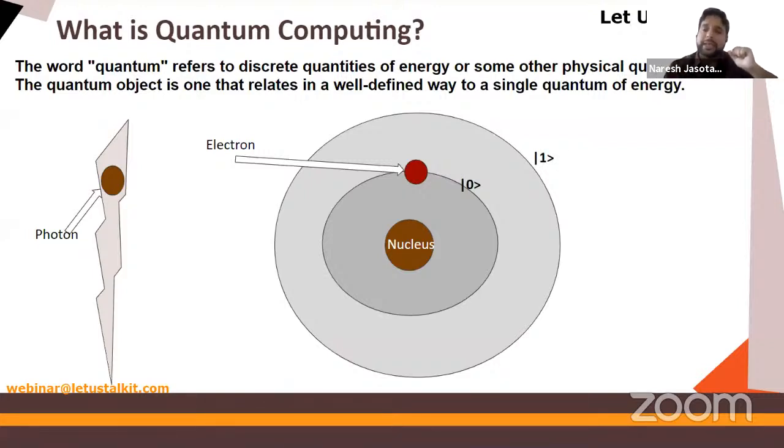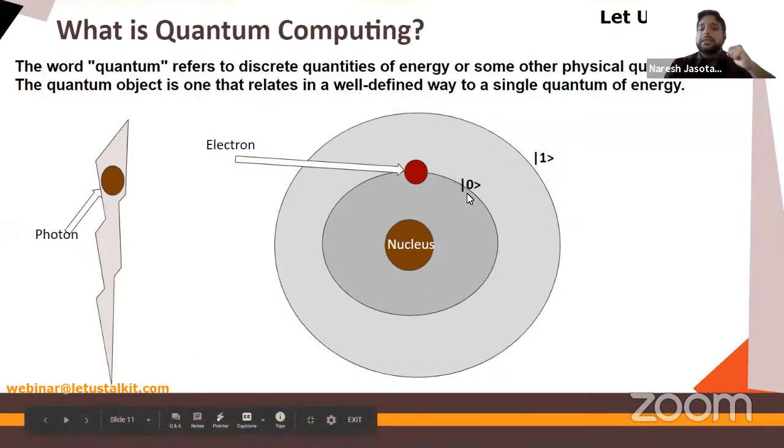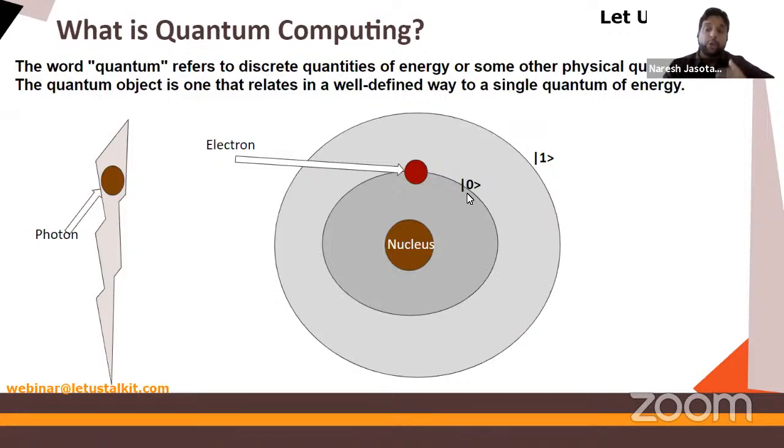Let's consider these states as 0 and 1. Please note that this is the representation of a quantum bit, qubit. So this represents a state of quantum 0, and this represents a state 1 of quantum.